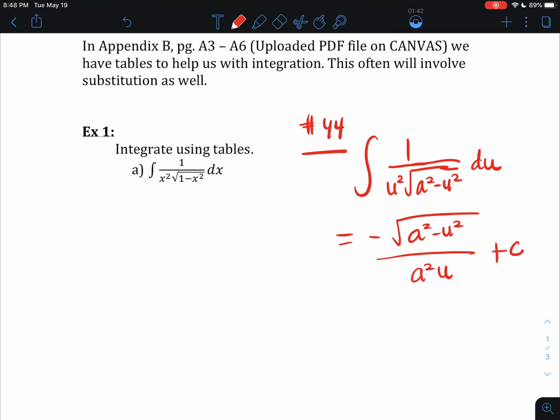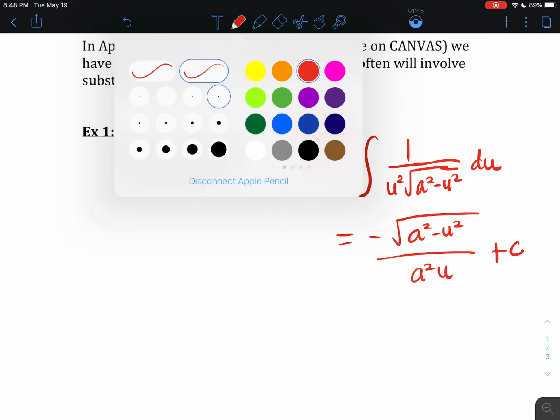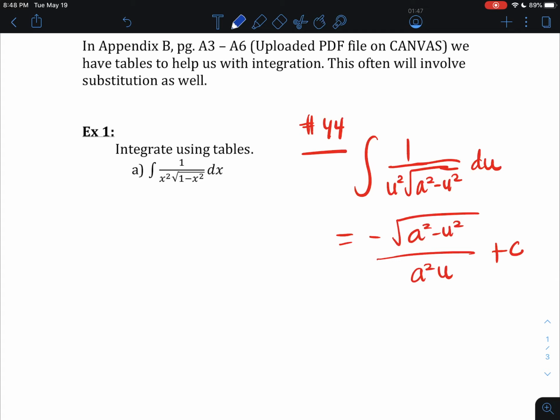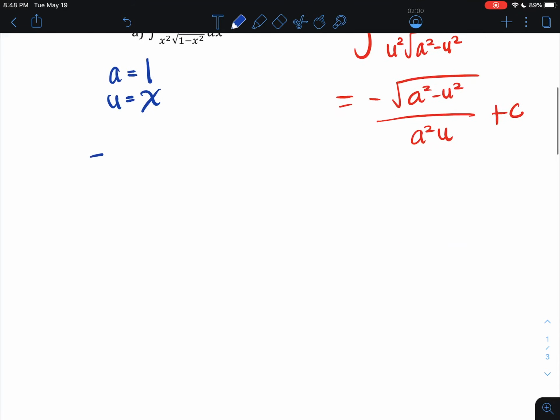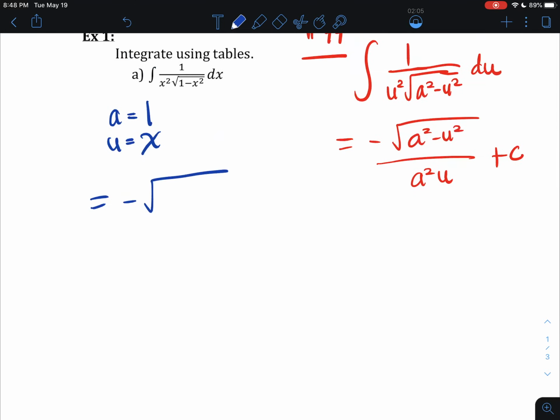In reality, this one's super easy because all I really have to do is figure out what a equals and what u equals. So a equals 1, u equals x, and I just plug and chug. This is going to equal negative square root, and the square root is going to look exactly like the original, 1 minus x squared, over a squared, which is 1, and then u is x.